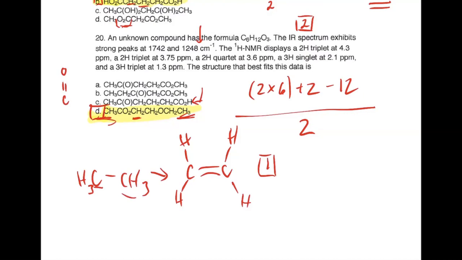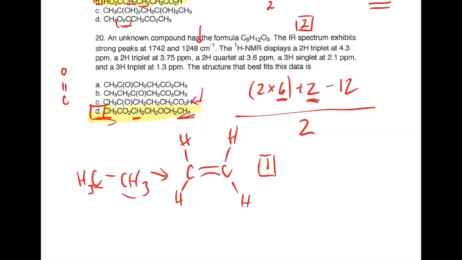And so calculating that unsaturation number is going to tell us how many double bonds we have, or if we have, for example, a benzene ring. So you use the specific formula that I put here: the number of carbons, in this case 6, multiplied times 2, and we add 2 to that.